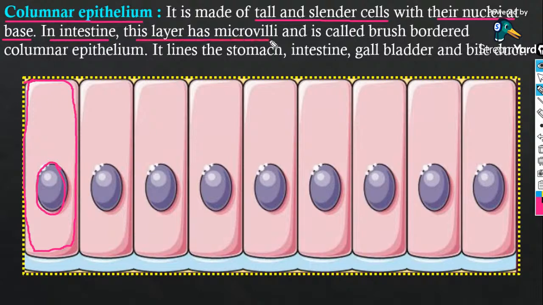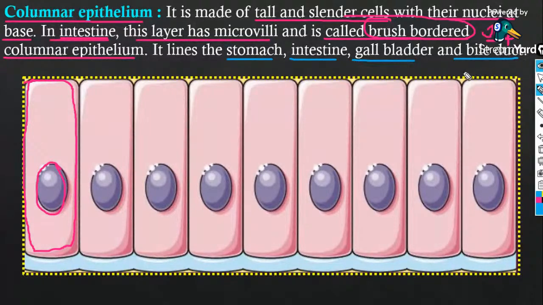This layer has microvilli and is called the brush-bordered columnar epithelium. Very important. Where is it found? In the intestine. What are the other locations of the columnar epithelium? It lines the stomach, intestine, gallbladder, bile duct, etc.